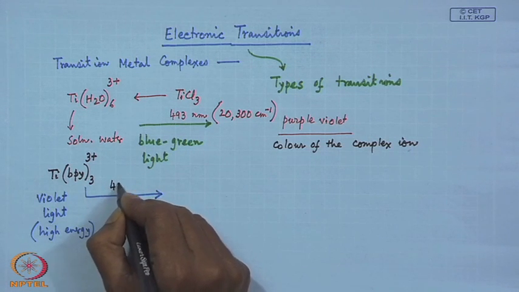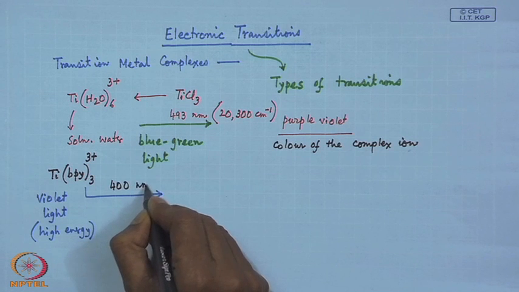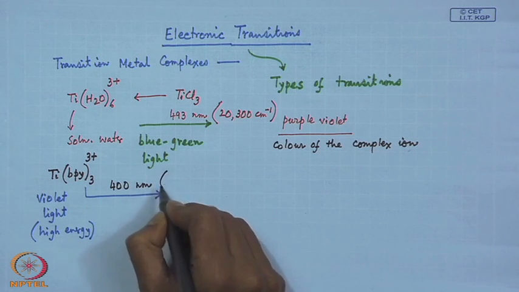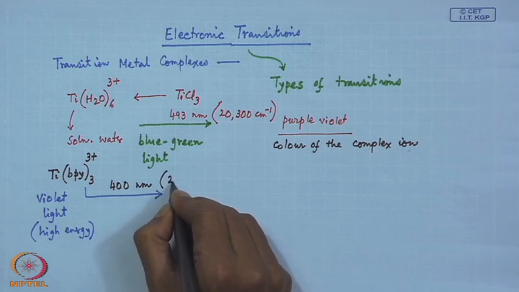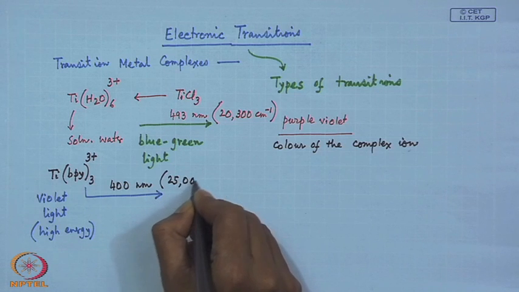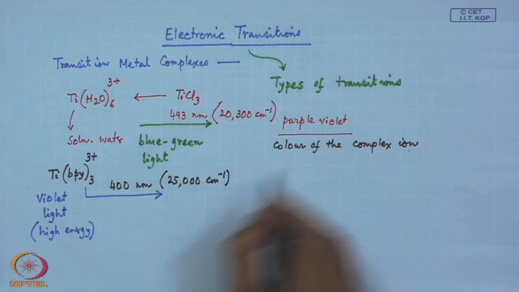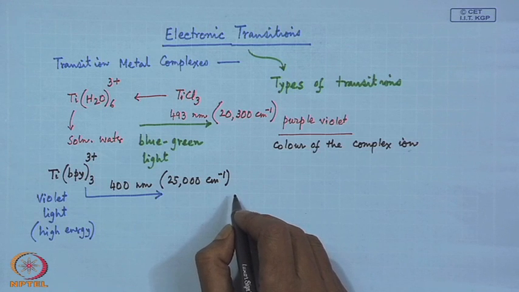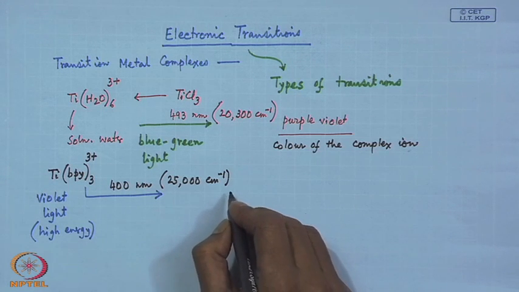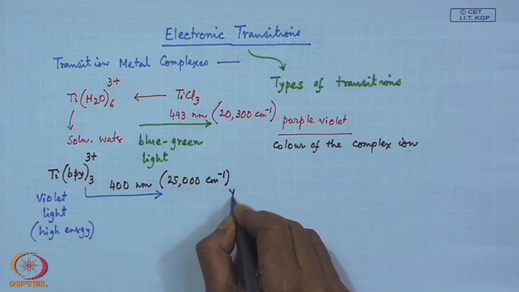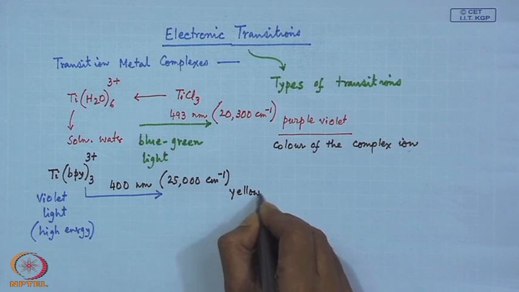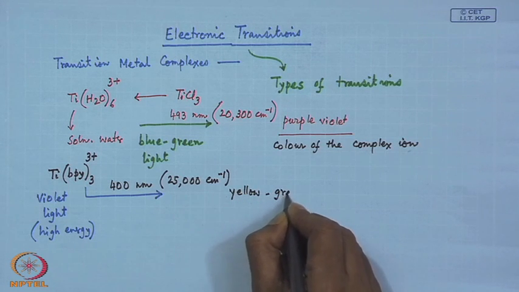It will be in the range of 400 nanometer with a corresponding wave number value of 25,000 centimeter inverse, and the corresponding complementary color, that means the color of the solution that we will be observing, is yellow green.